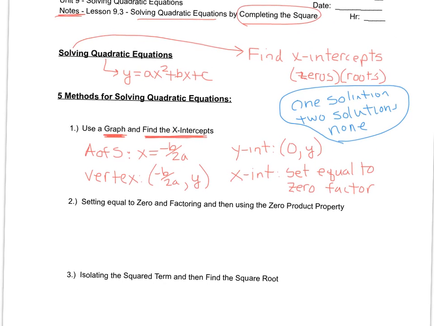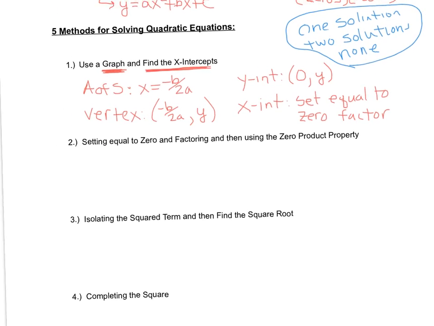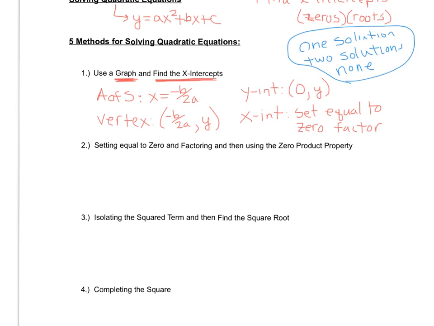Alright, let's keep going. Actually, factoring is one of the other methods. So set it equal to 0 and factor. And then you'll have to use the zero product property.